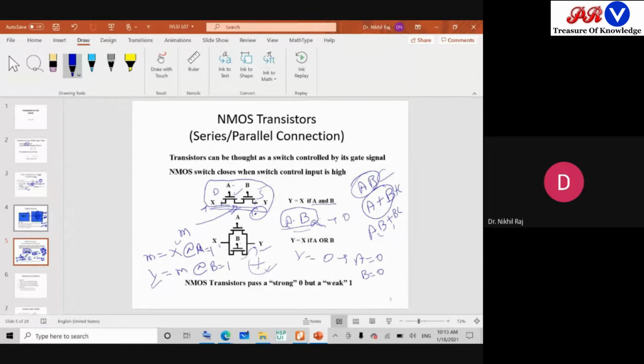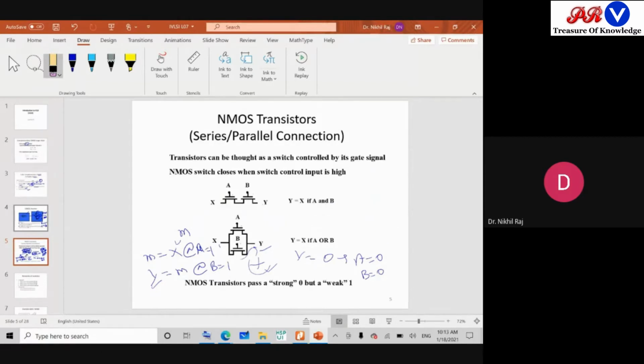Okay, and at the same time we should know that, suppose this is your AND function, realizing nothing but A dot B, then why are we going for CMOS logic?